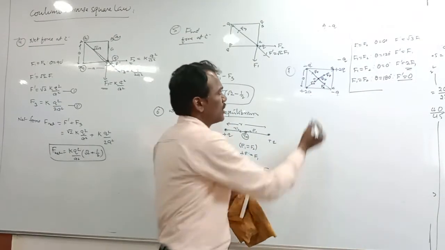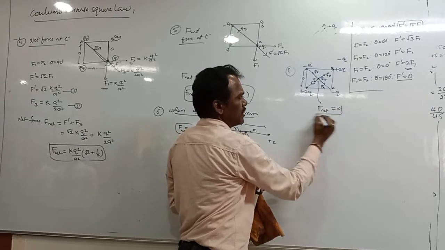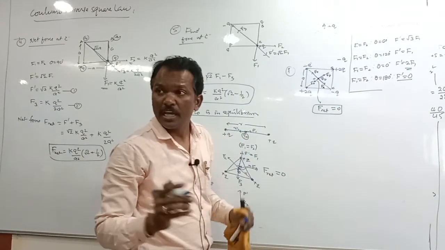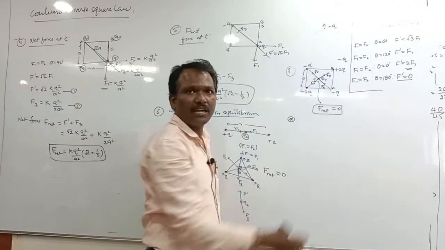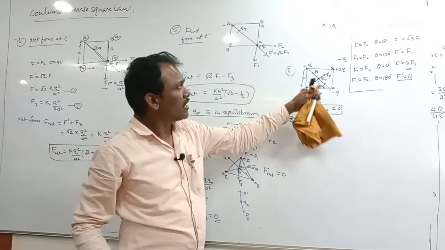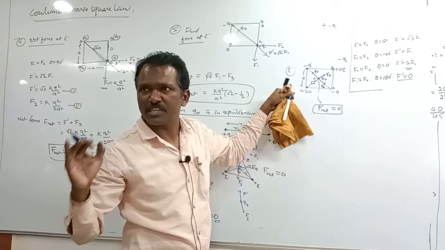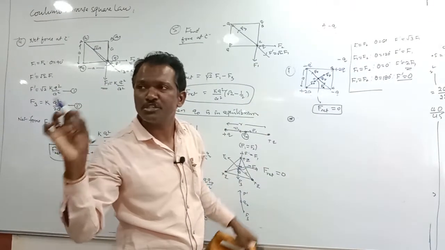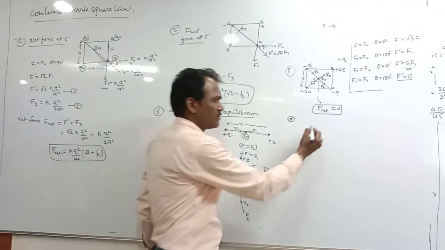So here also net force is 0. What we have to understand is that in a square or any even number of charges, opposite charges must be equal.